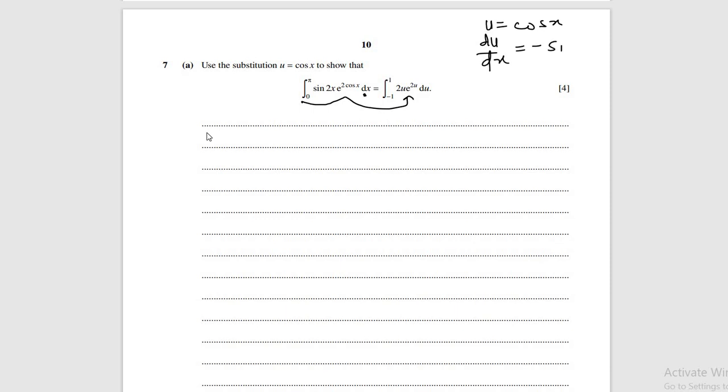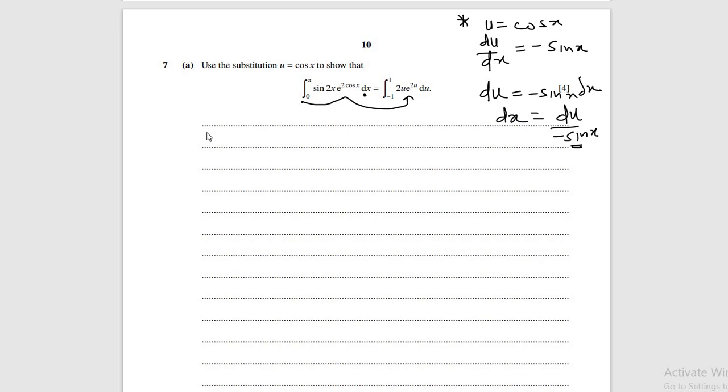When you cross multiply, du is minus sin x dx. Make dx the subject: dx is du over minus sin x. That's one step. The other step, you can see that the limit has changed. It's pi and 0 here, and it is now minus 1 and 1.